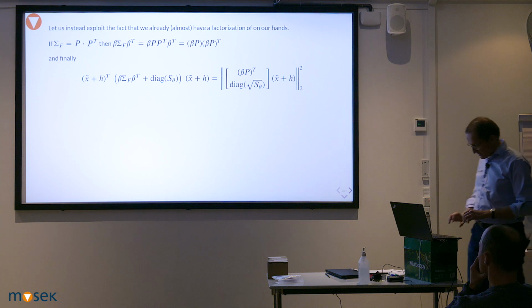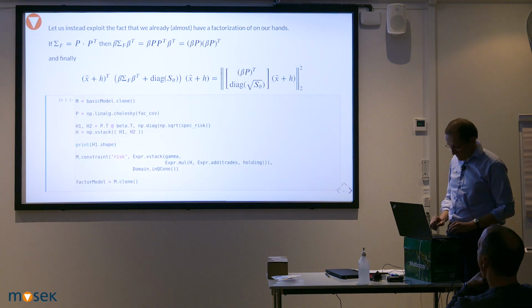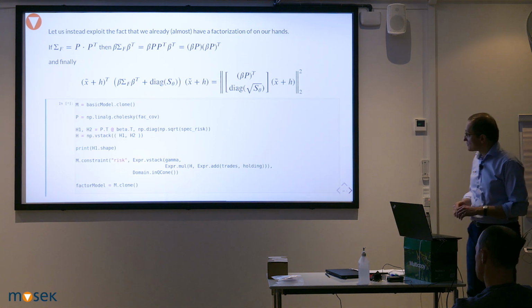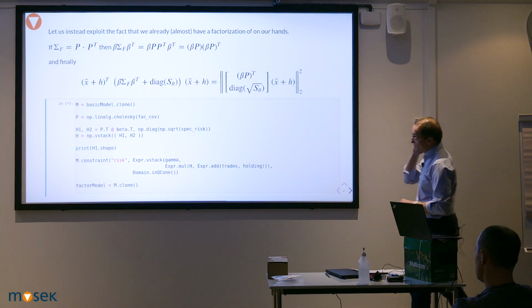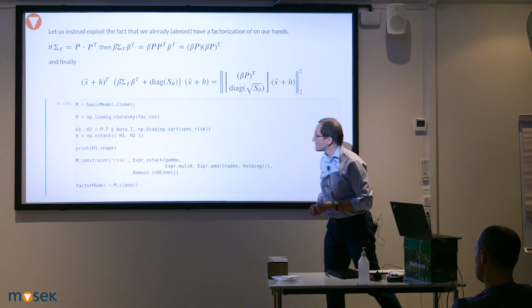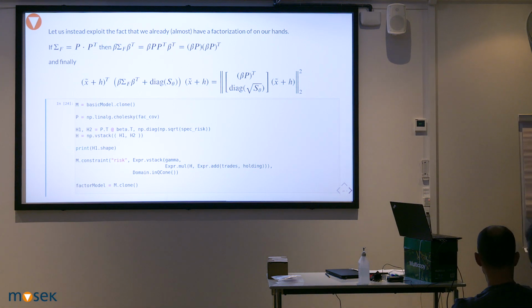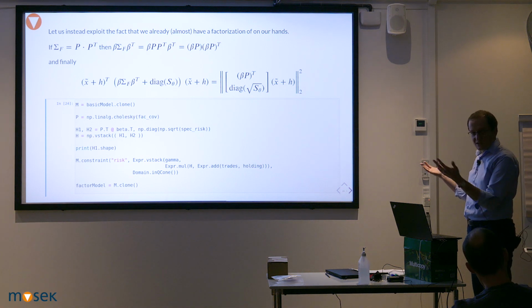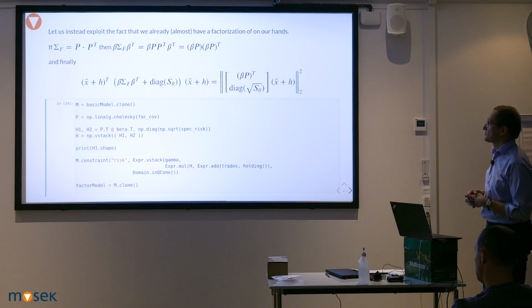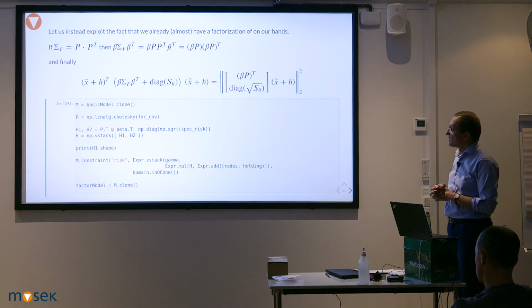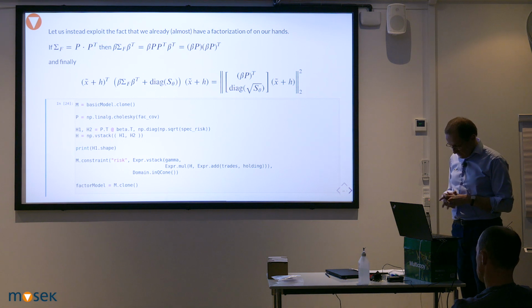And that is a much more numerically stable operation because the matrix is very small. This is what we do. We compute the Cholesky of the factor covariance matrix, and we use this formula, which essentially means we almost have the factorization. There was no need to compute the full sigma matrix. It's just a tiny step of factorizing the small matrix, and we are already there.